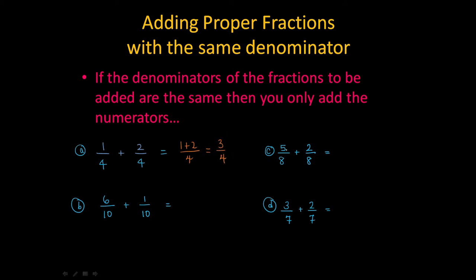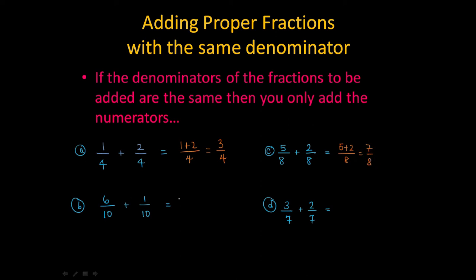When you add proper fractions, the denominators have to be the same number so you can add straight. Here again, the denominator is 8, and the numerators are 5 and 2, so we add 5 plus 2 over 8, and that gives us 7/8.